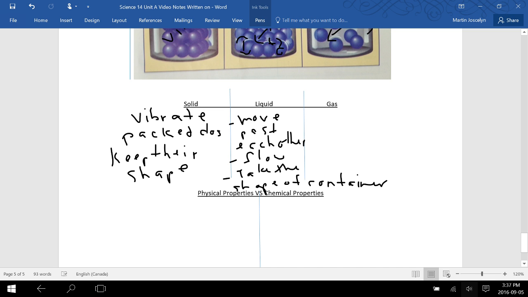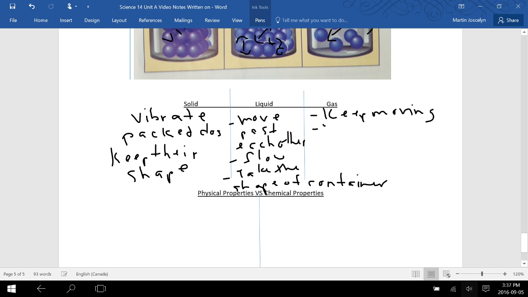Okay, and then when we're talking about gases, they're far apart from each other and they're moving really quickly. Particles in a gas will keep moving away from each other until they're stopped by the walls of the container. So they'll keep moving.